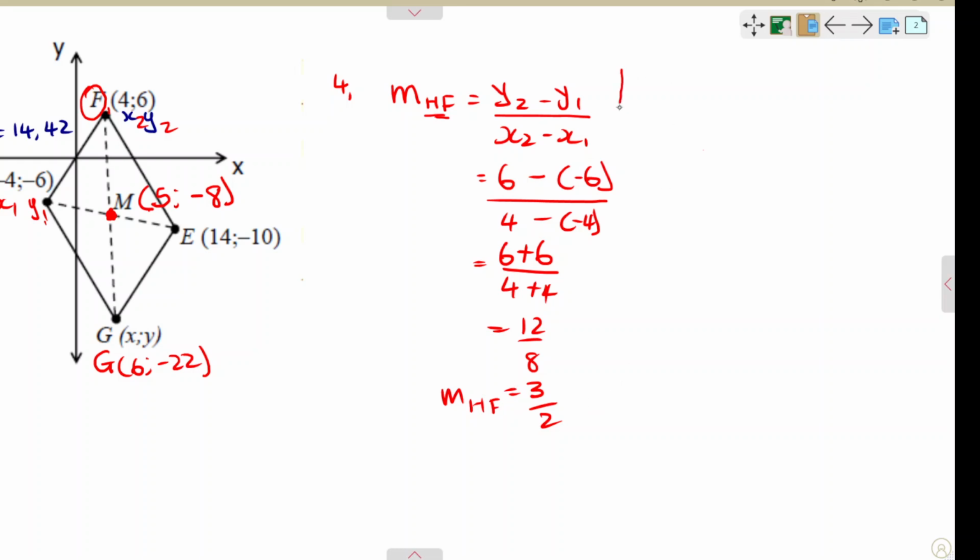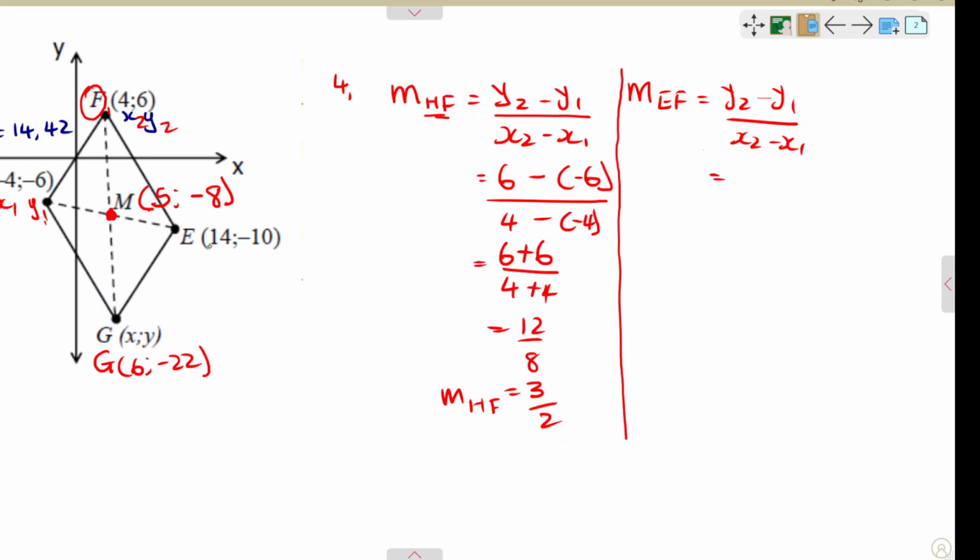Now we're going to look at another gradient, which is the gradient of the line FE or EF. So the gradient of the line EF is going to be y2 minus y1 over x2 minus x1.